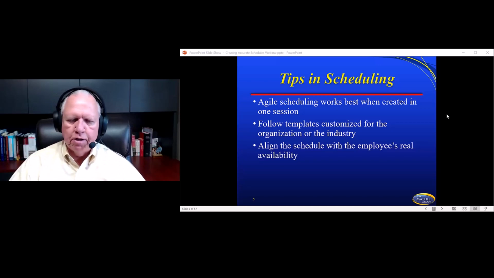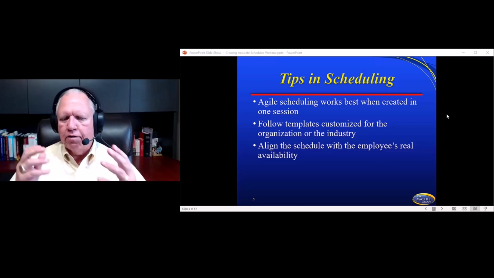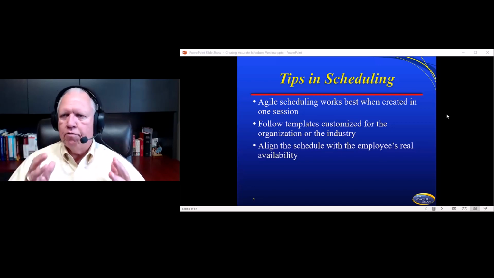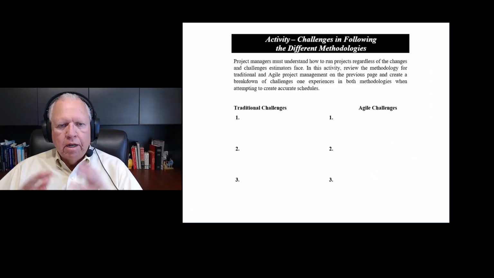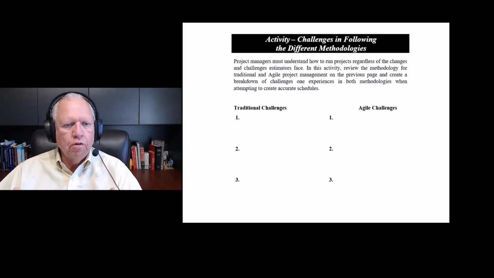You can follow templates that are customized to the organization or to the industry. It also aligns the schedule with the employee's real availability, and that's the black hole for us: what is the real availability of that worker? That gets difficult when you've got that skeleton crew.